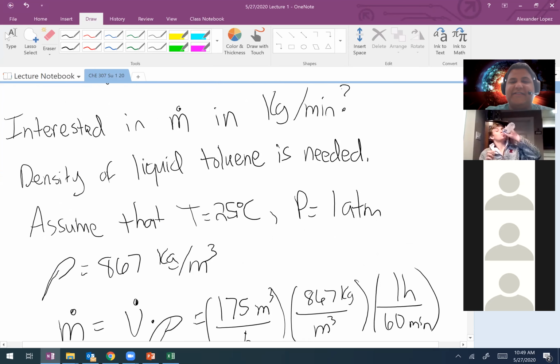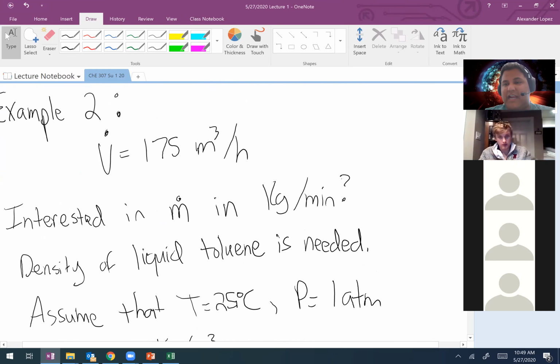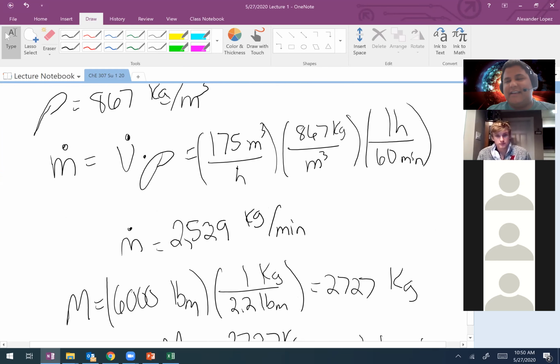So for example, when I said, okay, what's the mass flow rate? If I had 175 cubic meters per hour of this toluene, and I asked, what's the mass flow rate? Well, saying 2,529, while accurate, doesn't really help a whole lot. A more effective answer is about 2,530, a little over 2,500 kilograms per minute. Because in the grand scheme of things, I'm not a sensor, so I don't really care a lot about the exact answer.